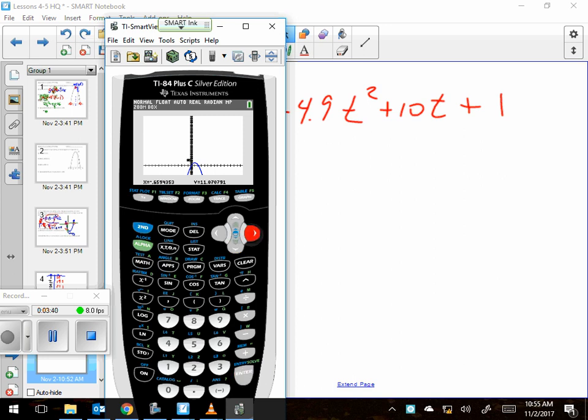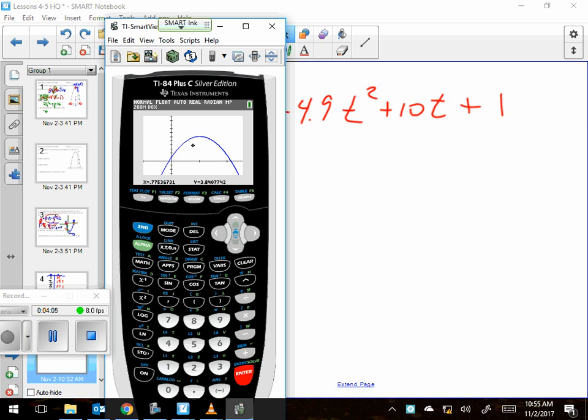And then I'm going to drag this around the part of the graph that I really care about, which is where it has its peak and where its x-intercepts are. Now I can see much better what my graph looks like. It looks to me like about 2 seconds in the air. Does that seem right to you?